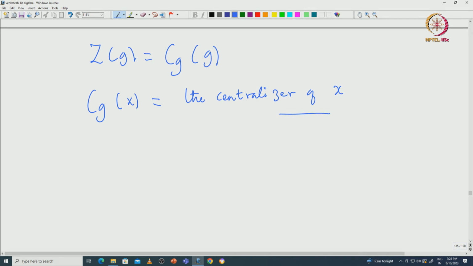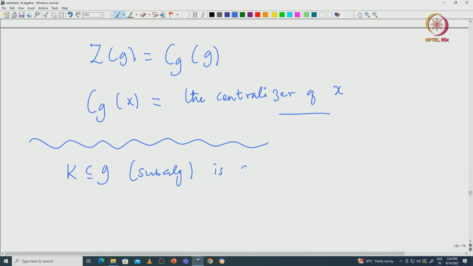So, now we have another definition. We want to call a subalgebra self normalizing if the subalgebra is equal to the normalizer of that subalgebra. Okay. You start with a subalgebra K of G. This is called self normalizing if K is equal to N_G(K).